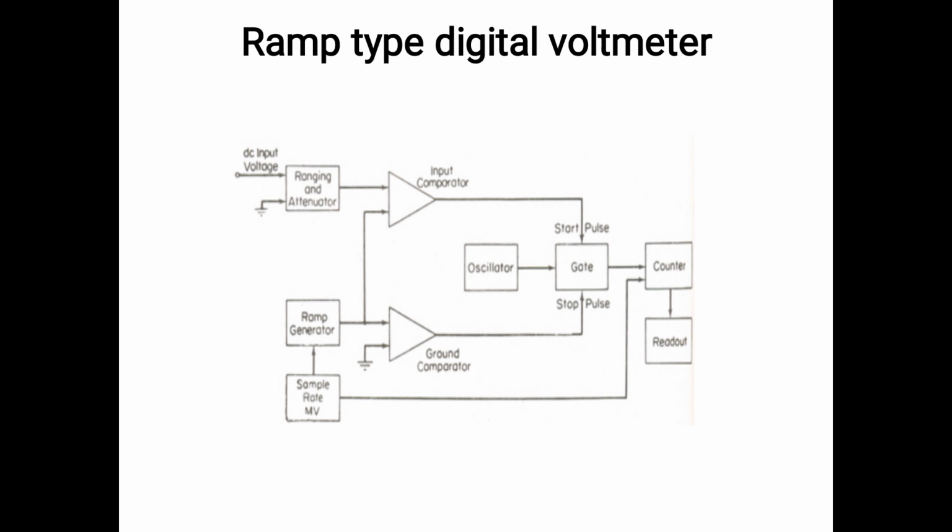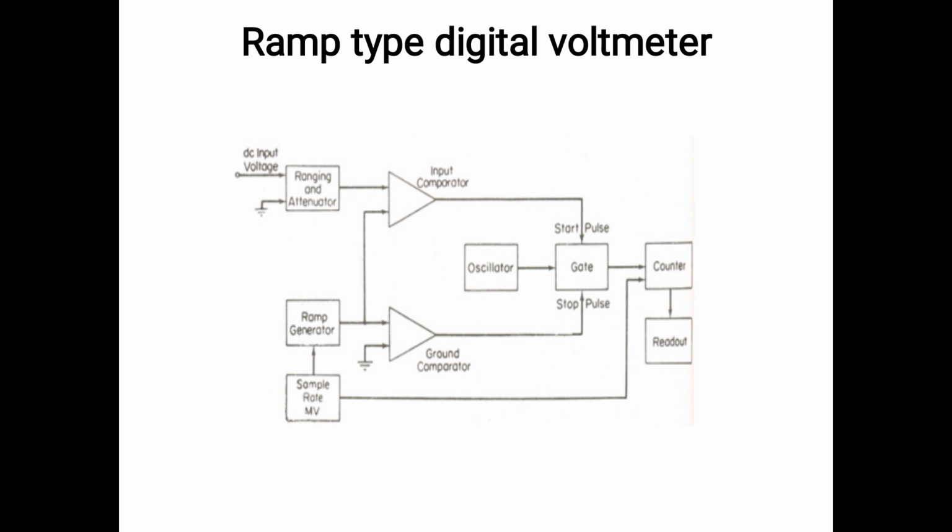That produces the pulse and stops the gate entry. Now the number of pulses counted is given at a particular point and taken as a readout. The comparator produces the signals according to the reference.